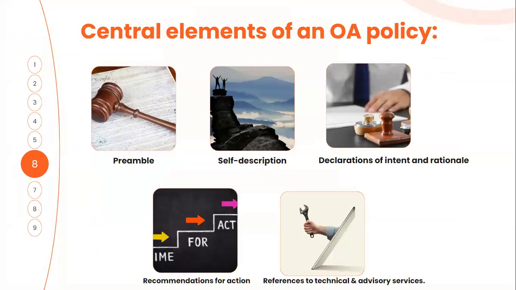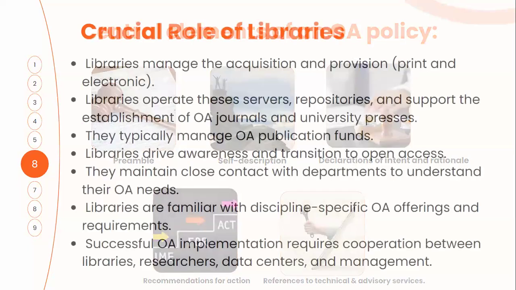And these are the preamble or the introduction, the self-description, the declarations of intent and rationale, the recommendations for action, and the references to technical and advisory services. These are the 5 main central elements of an open access policy. The others depend on the needs of the institution itself. So if you need them, add them. If you don't, you may not add them.